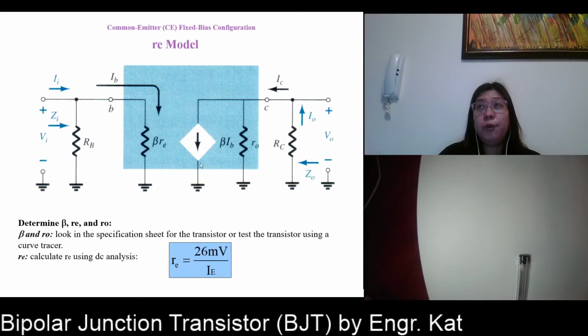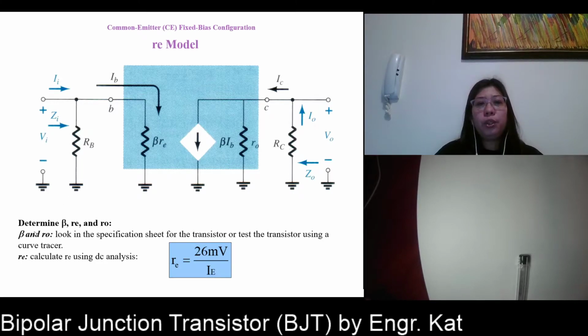If you still remember from the circuit analysis subject, usually the triangle is for a variable source and the circle is for a fixed value. So what is included in the transistor itself is the input impedance of the transistor, which is beta re, the current source, and your ro here.